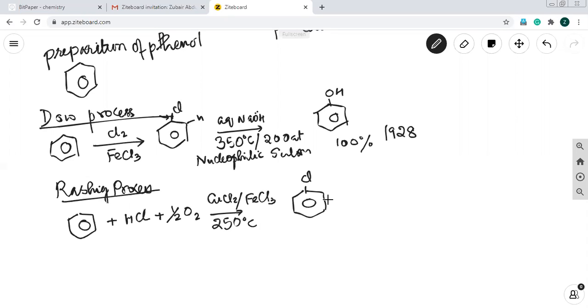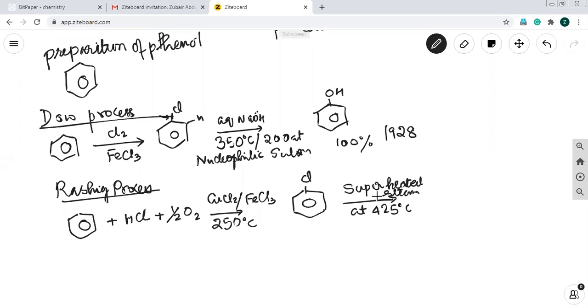Then you treat this with high-temperature steam, superheated steam at 425 degrees Celsius.